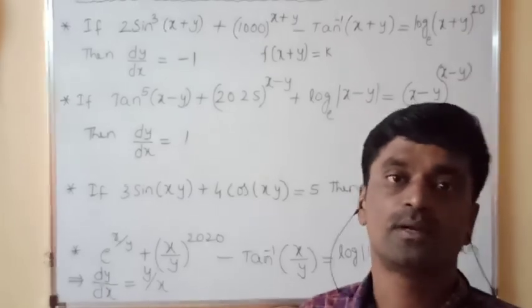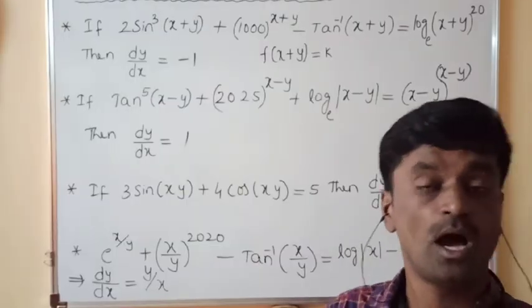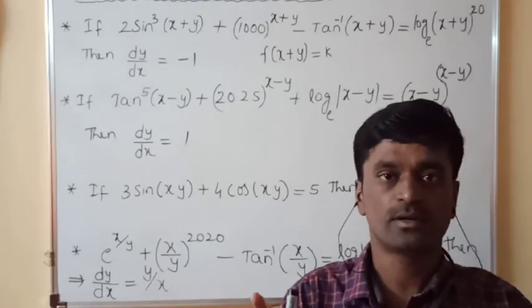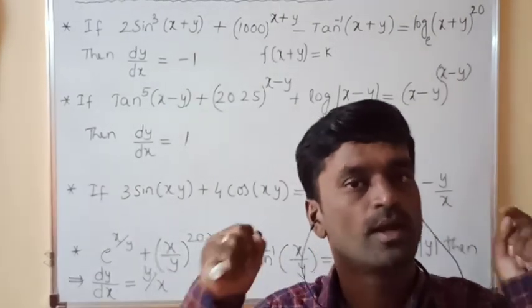So how did I get that dy by dx is minus 1? How can I remember it? It is not required to remember; I will give the trick. Using that trick you can get the answer.